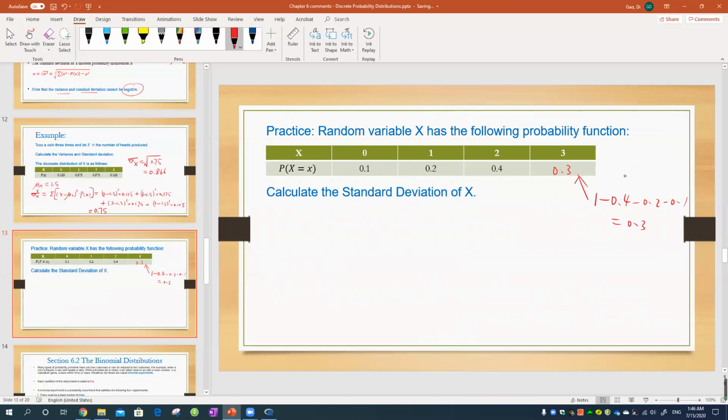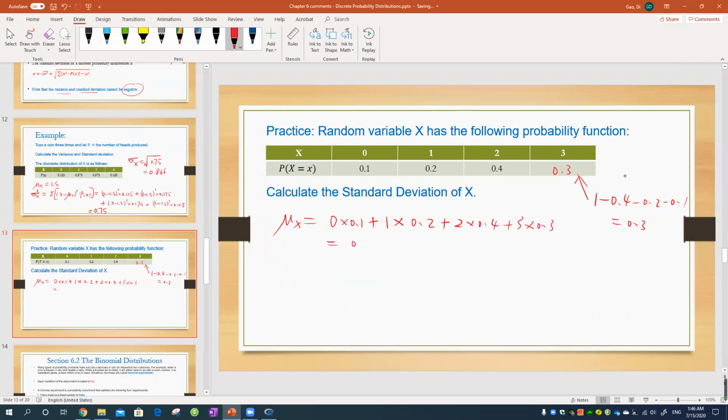We start with the mean, because although we want the standard deviation, we're going to use the mean. So mu of x equals each value times the corresponding probability: 0 times 0.1 plus 1 times 0.2 plus 2 times 0.4 plus 3 times 0.3.